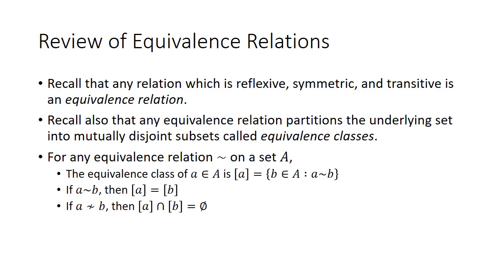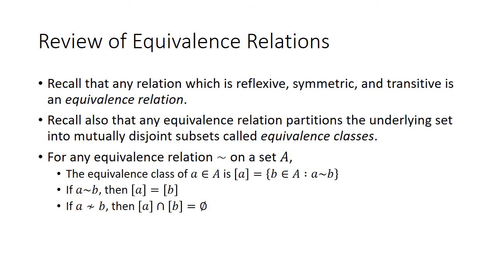Okay, so now I'd like to review the concept of equivalence relations a little bit. This is something that you would have gone over in discrete structures. So recall that any relation which is reflexive, symmetric, and transitive is an equivalence relation. And recall also that any equivalence relation partitions the underlying set into mutually disjoint subsets called equivalence classes.